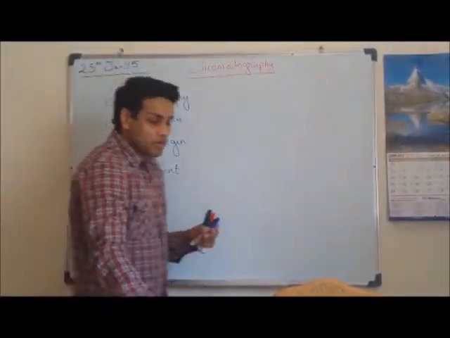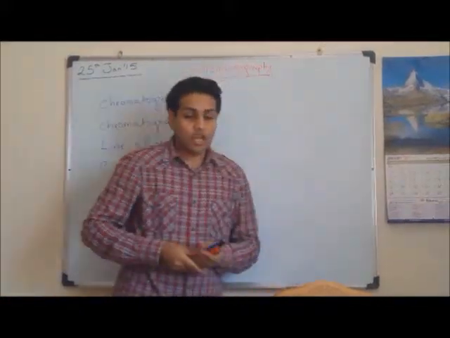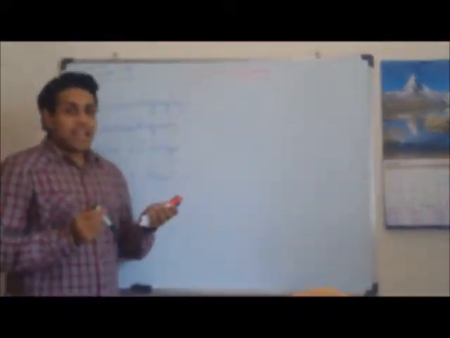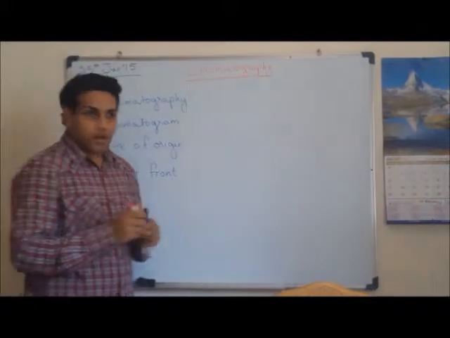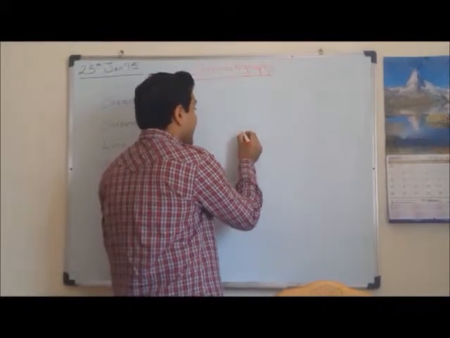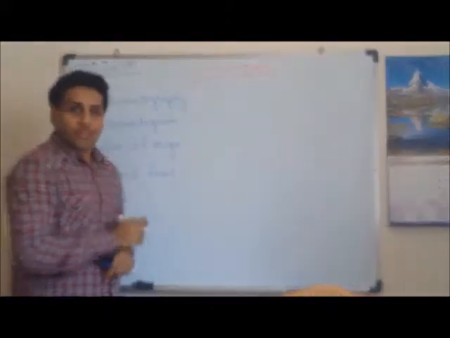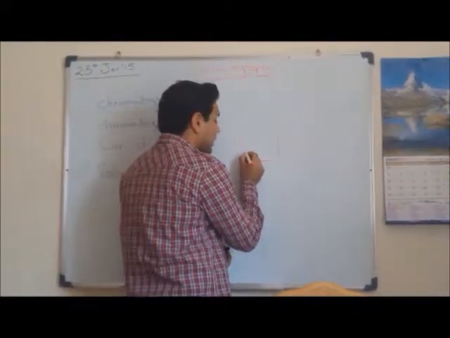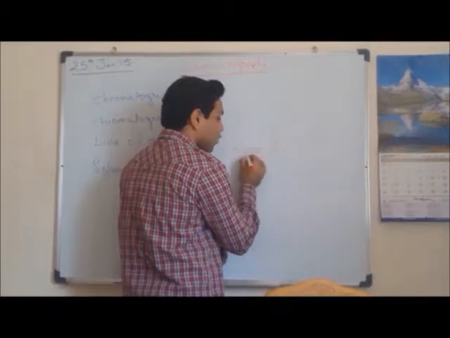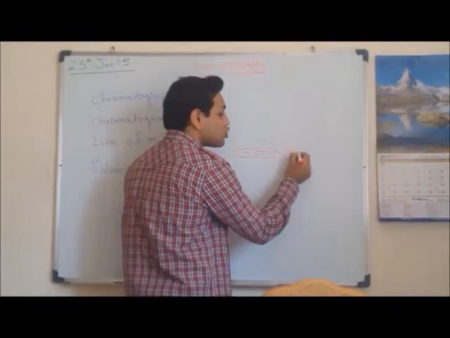Now, coming to the main part of this lesson. First, a rough diagram on how the chromatography works. We have a beaker into which we will be adding a liquid which is called the solvent.